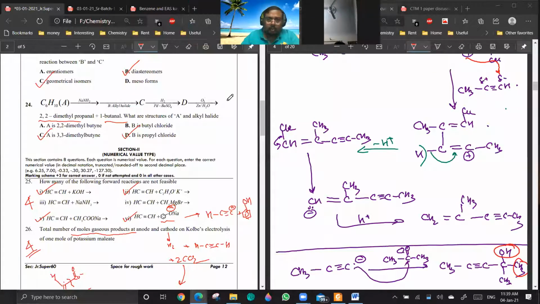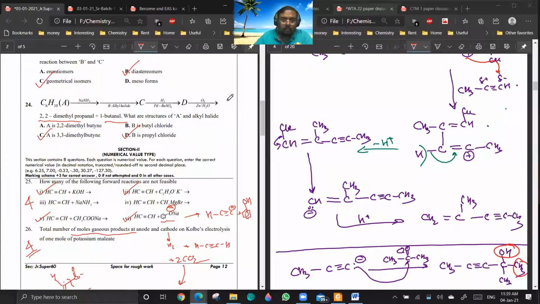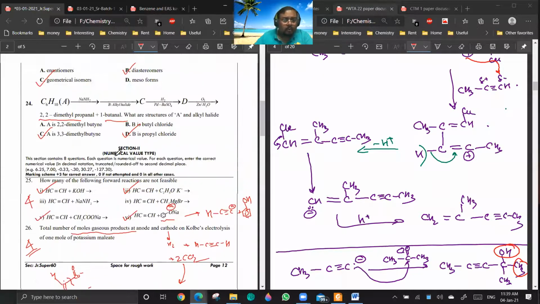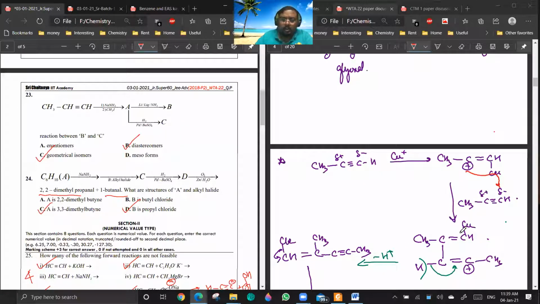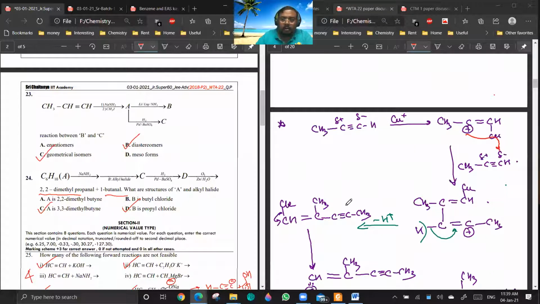Any other doubt in this paper? Mechanism wise, the answer is not coming, so I have to check the mechanism again. Okay. But apart from that, other questions are good in this paper.